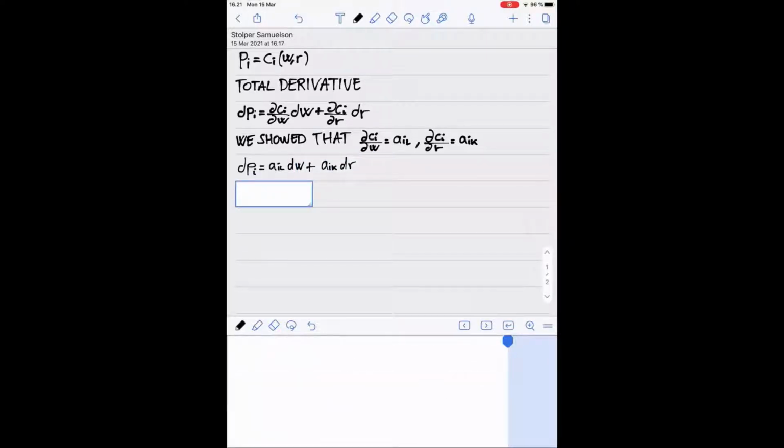Okay, so now the trick is going to be to express all of the changes in percentage terms.